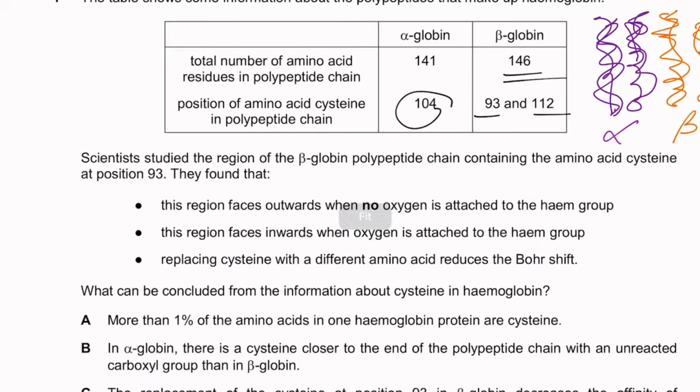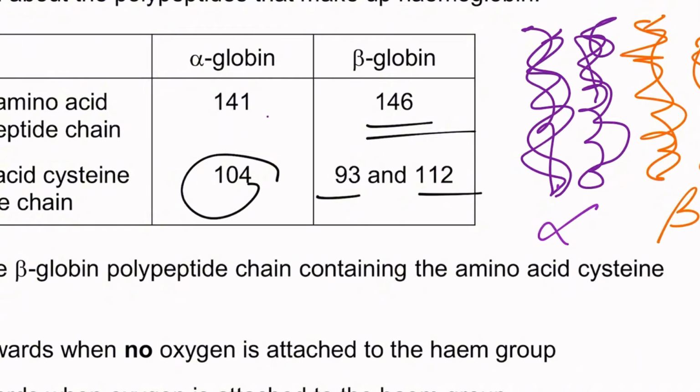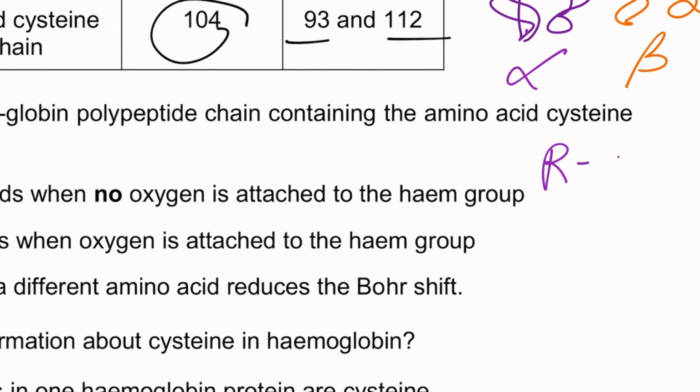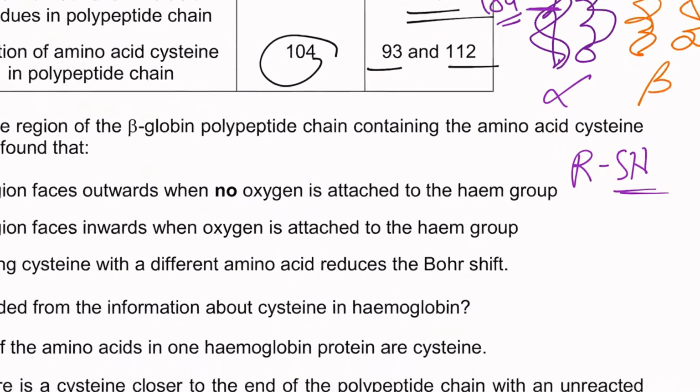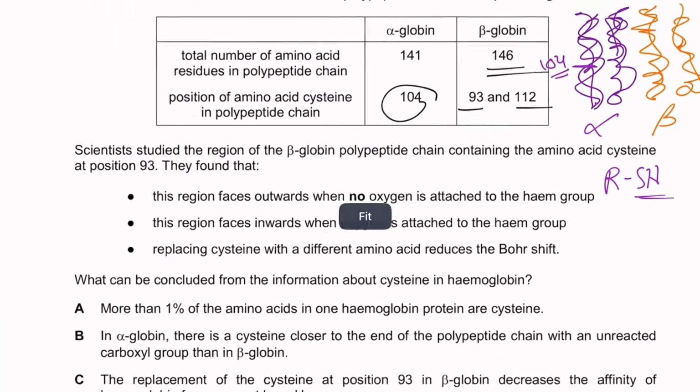Okay, now here he says that one chain is a bit longer and one a bit shorter, and that they contain the amino acid cysteine at position 104. So that's right here. Maybe they contain cysteine. And remember, cysteine is the amino acid that forms the disulfide bonds because it contains the R group, which is SH.